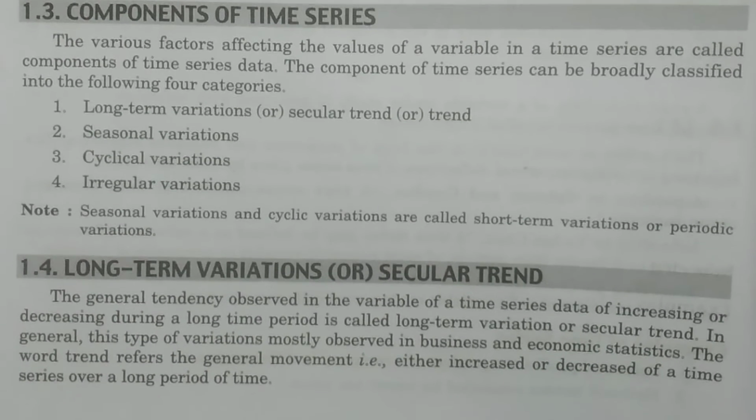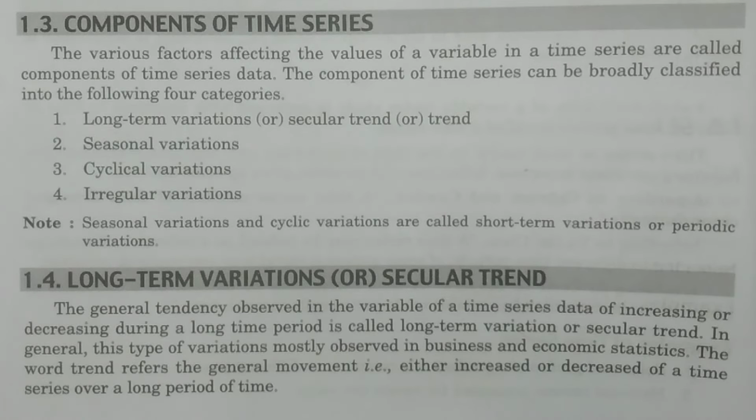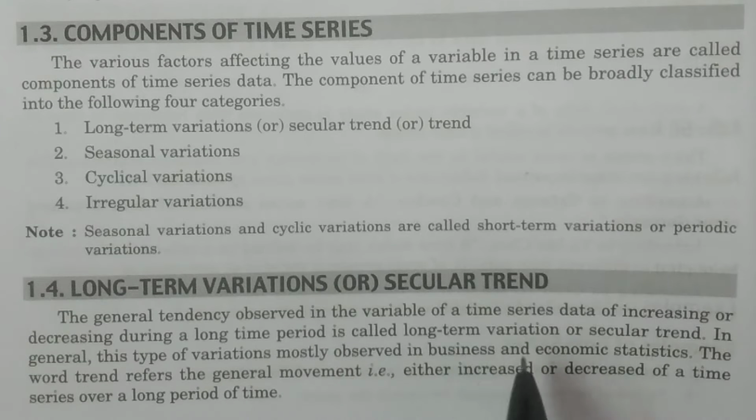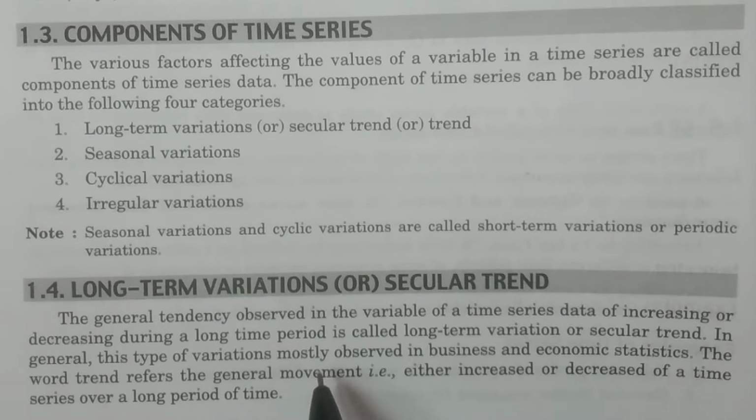If we discuss long-term variations or secular trend: the general tendency observed in the variable of a time series data of increasing or decreasing during a long period of time.